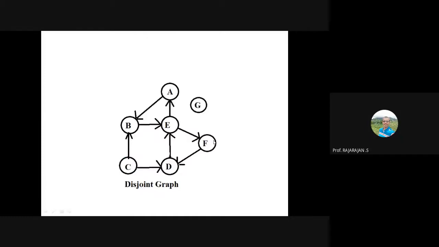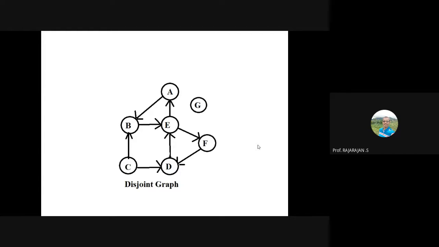So can I say that every tree is a graph? Yes, because a graph doesn't have any such condition on in degree and out degree. As a result, every tree can by default be treated as a graph. But not every graph can be a tree, because there is a restriction on the tree, not on the graph.